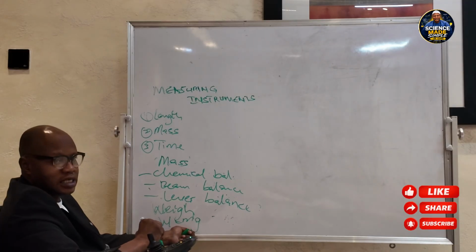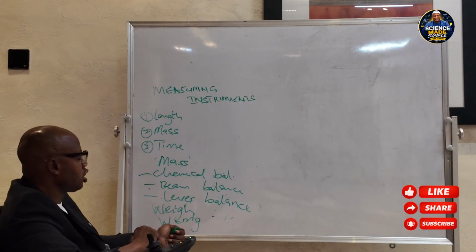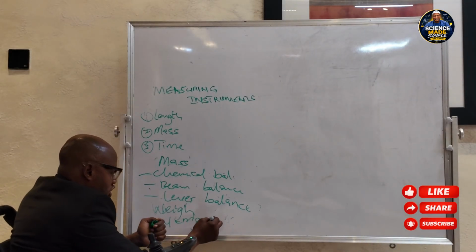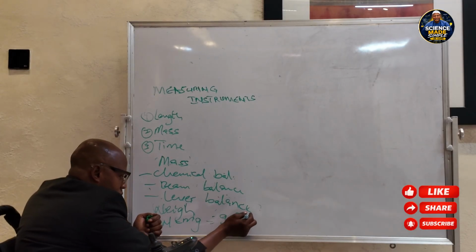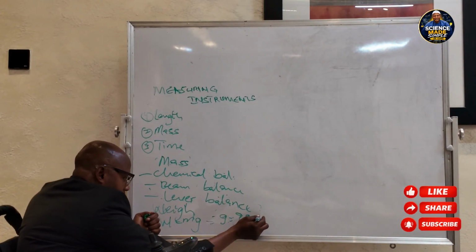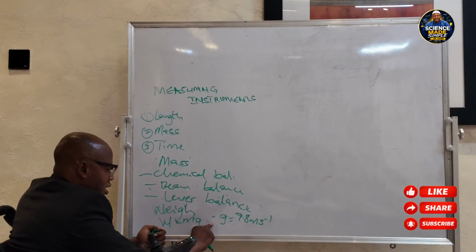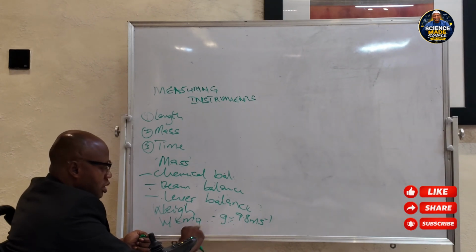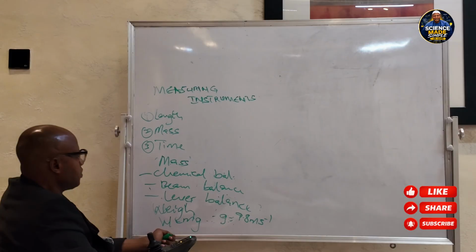That g is the acceleration due to gravity. The constant value for g is 9.8 meter per second square. So whatever you have as your mass, you multiply it by 9.8 to get the weight of the body.